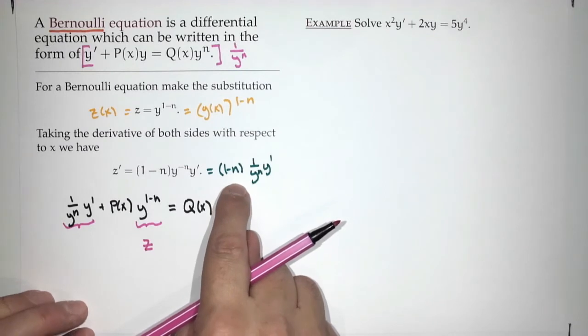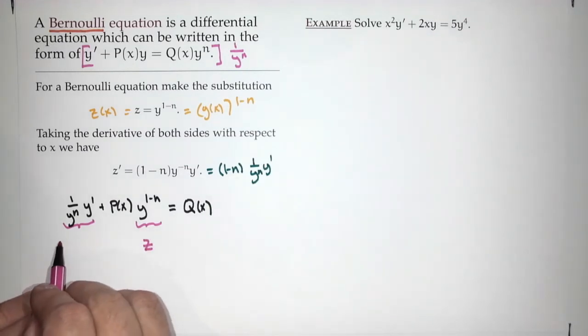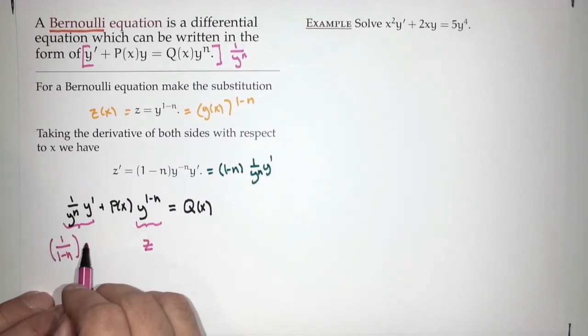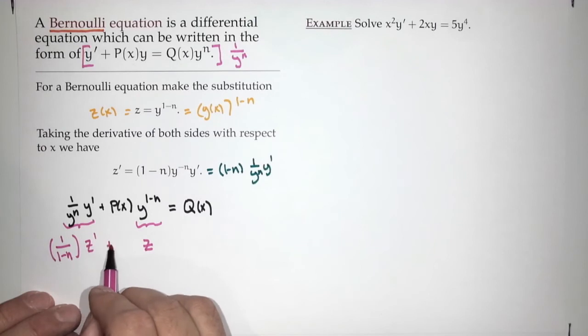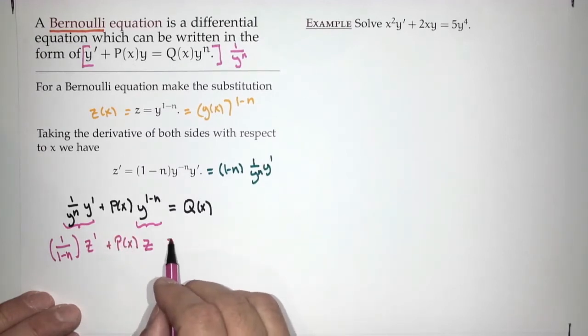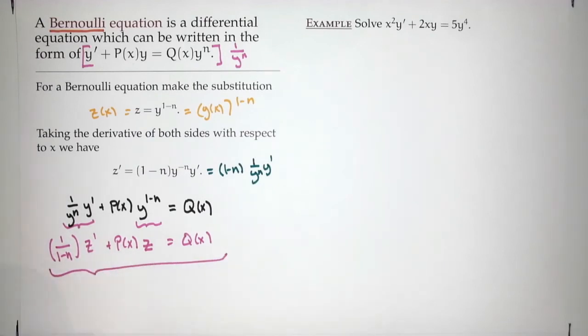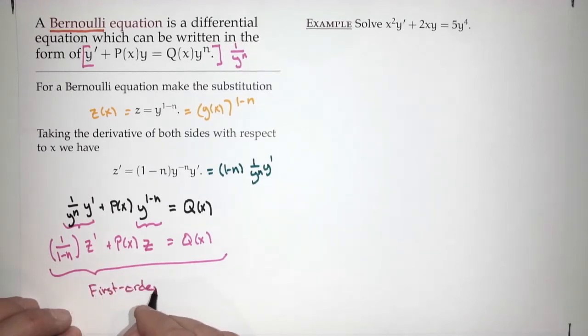But that's a constant. We like correcting for constants because those are relatively easy. So it's 1 over 1 minus n, that constant, times z prime. And then we have plus p of x times z equals q of x. Now, what can we say about this? Someone asked the question, is that linear? Yes. This is a first order linear equation.